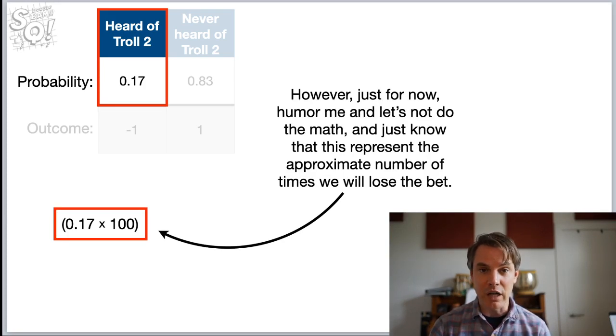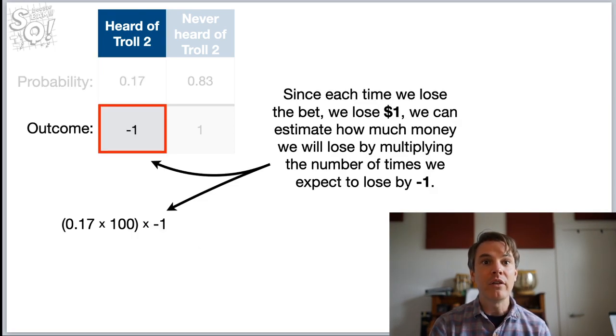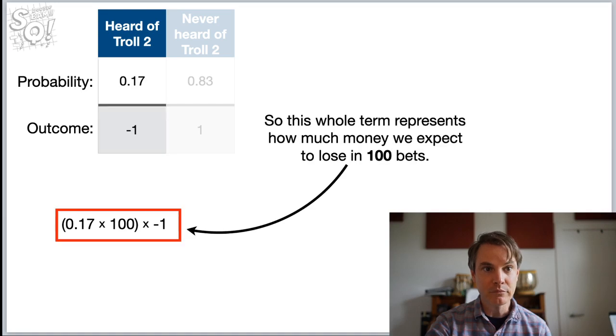However, just for now, humor me and let's not do the math and just know that this represents the approximate number of times we will lose the bet. Since each time we lose the bet, we lose $1, we can estimate how much money we will lose by multiplying the number of times we expect to lose by -1.